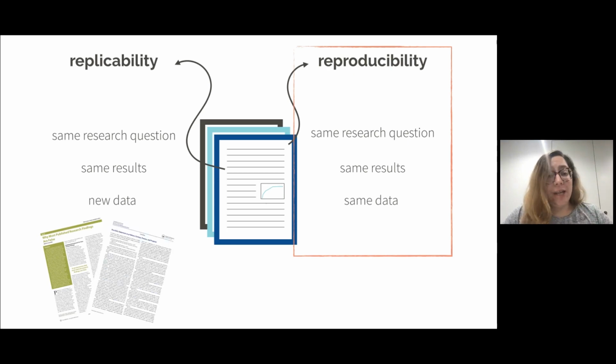There is a lot being said about replicability as well. The American Statistical Association over the last few years has had some publications about their statement on p-values. Making statistical decisions based on p-values can sometimes lead to results that may not be as replicable, because perhaps they're not the best way to be making decisions about our research questions.